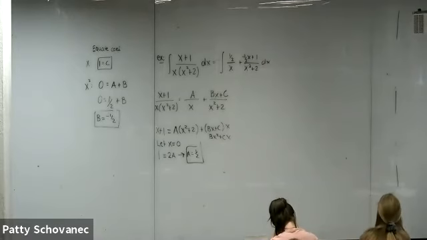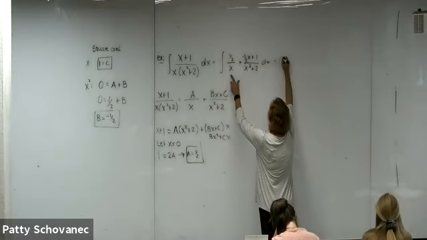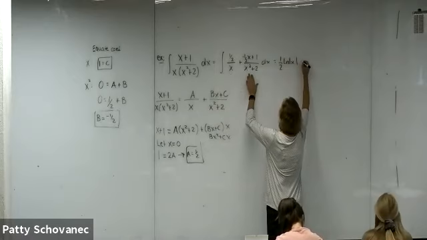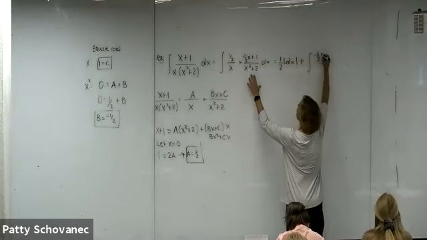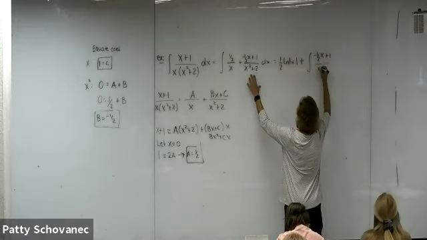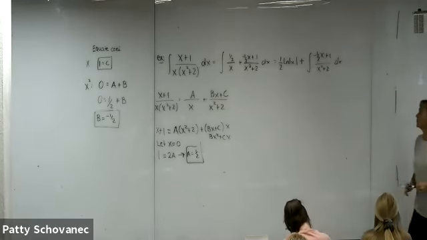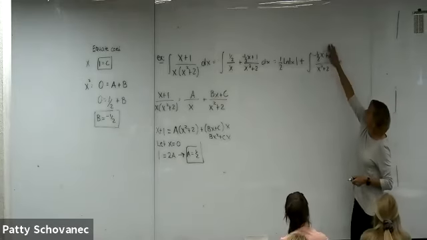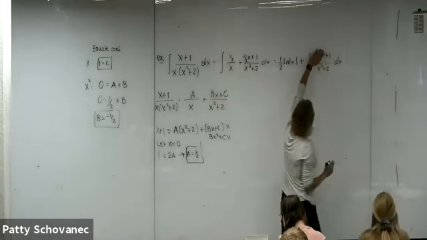Yeah. Okay, this one's easy, right? This is going to be 1/2 times the natural log of x. Let's see how we're going to integrate this. It would be a u-du if that one weren't in the way. Agree? Split them up.